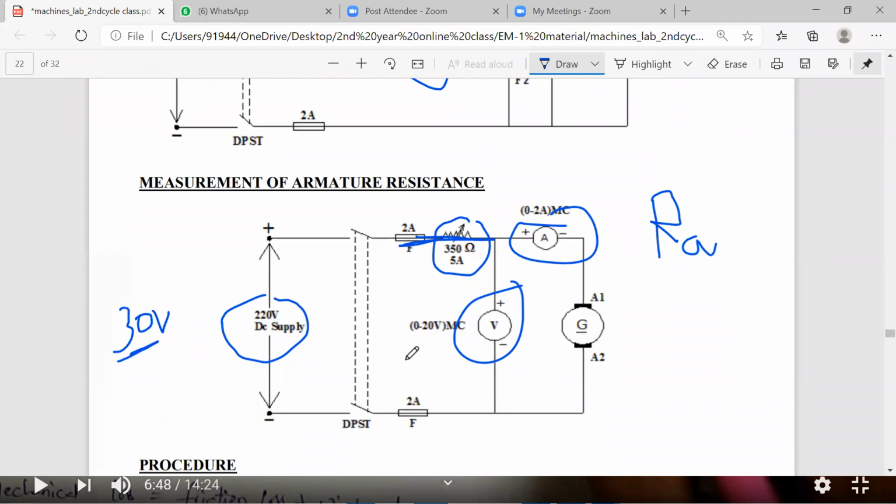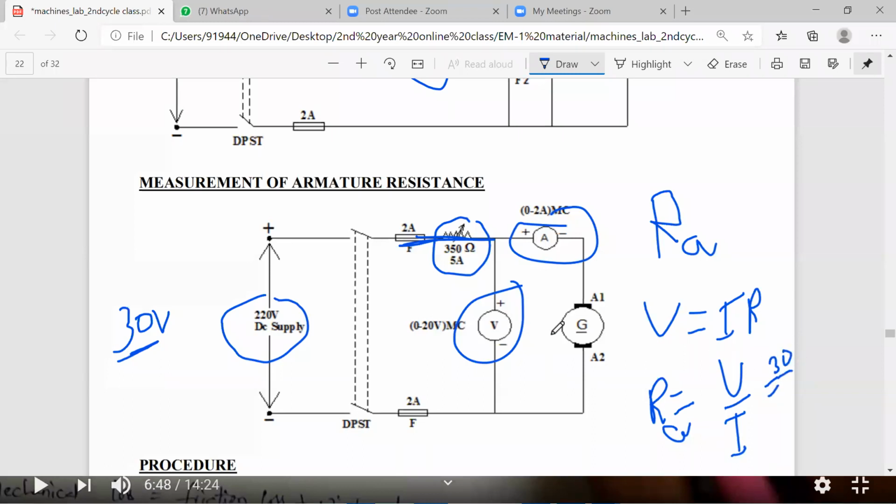Generally, if you apply 30 volts, this voltmeter reads 30 volts. This ammeter gives some reading. So we know that V equals IR, so from that R equals V by I. That means V represents the voltmeter reading, I represents the ammeter reading. Therefore armature resistance R is the voltmeter reading by the ammeter reading. We apply 30 volts.